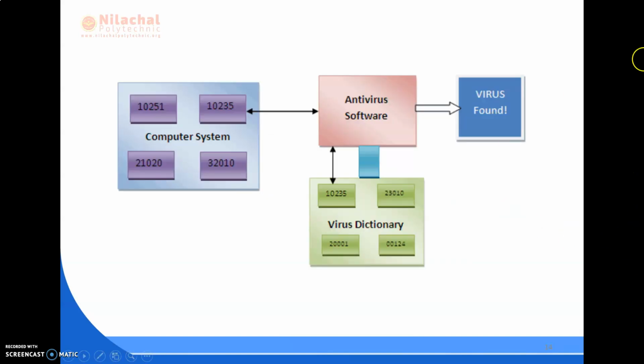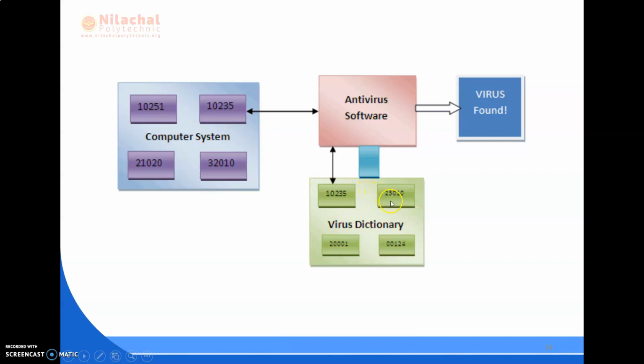So let's see here. Here we have the system, and here is the virus dictionary, which is stored in the antivirus software. The virus dictionary has many virus codes, and what it does is scan for these codes in the computer system.